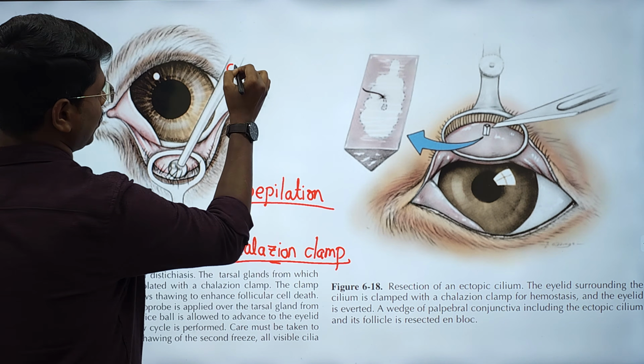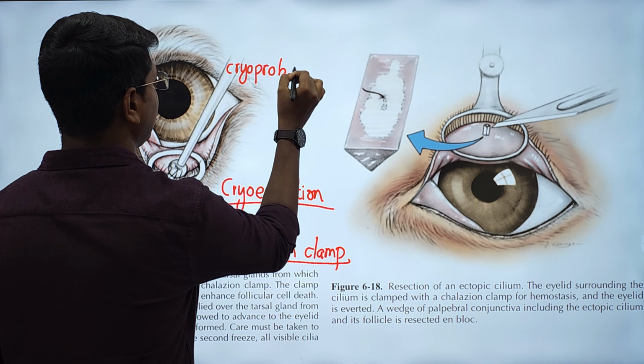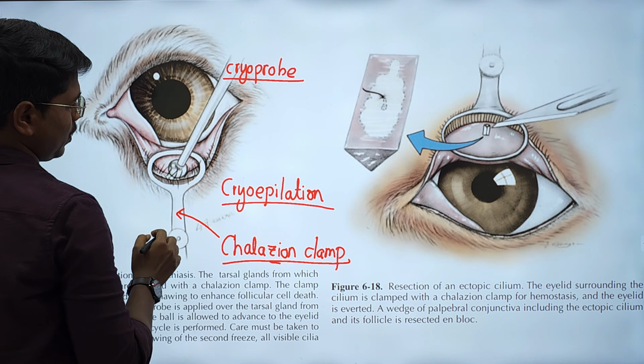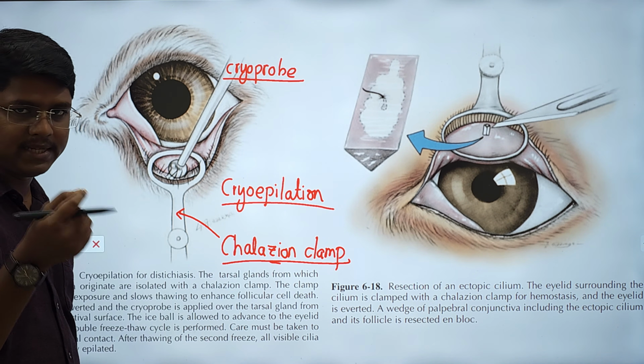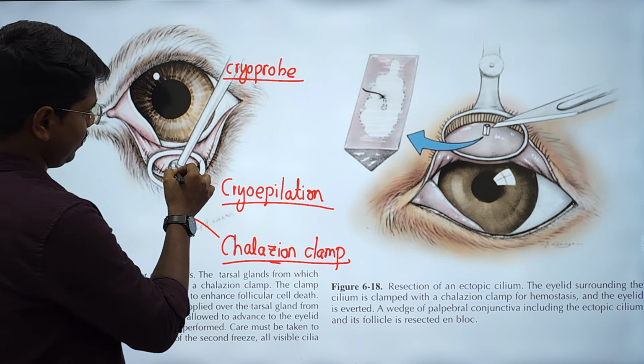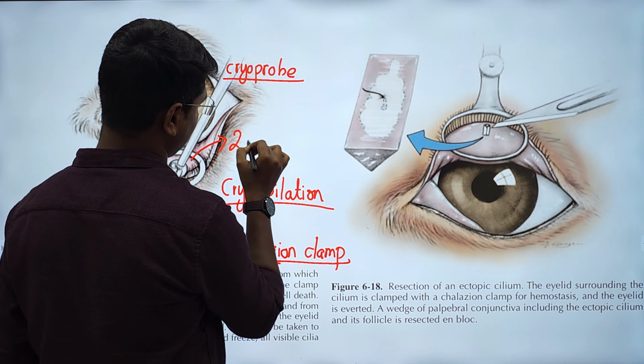Then this is a cryoprobe, liquid nitrogen cryoprobe. This cryoprobe is applied to that particular cilia which has the defect. When you apply this, usually 2 cycles of freeze and thaw are used.